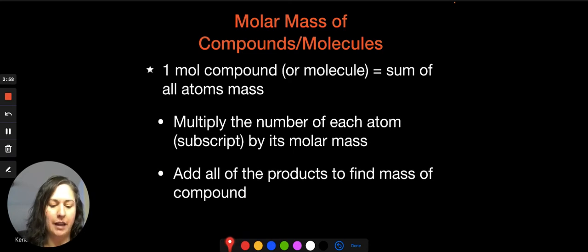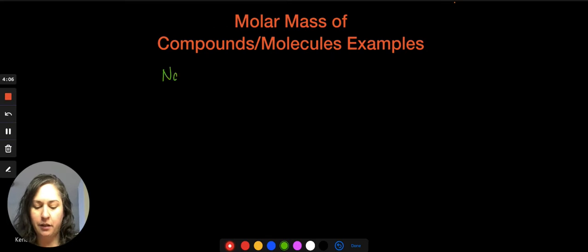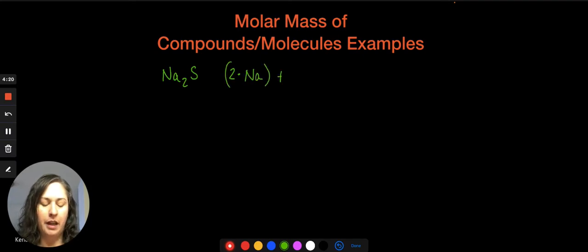Let's try these. The first one I'm going to do is Na2S, sodium sulfide. I know that I have 2 sodium, so I have to do 2 times the mass of sodium plus the mass of sulfur, and that's going to give me my molar mass.